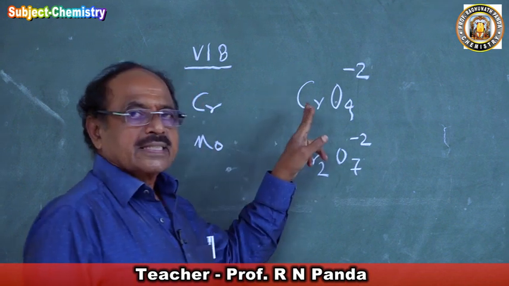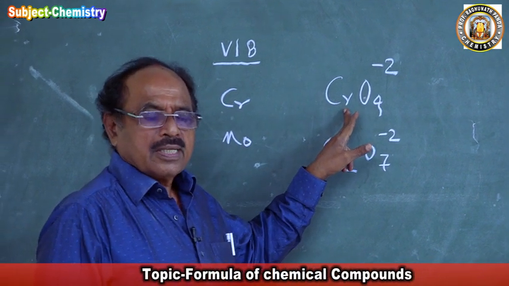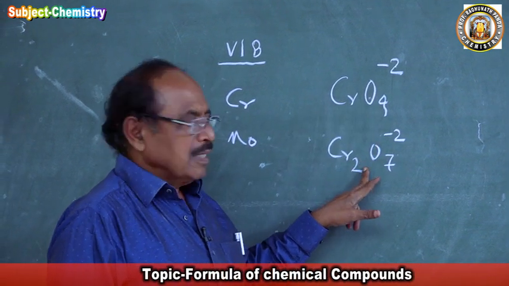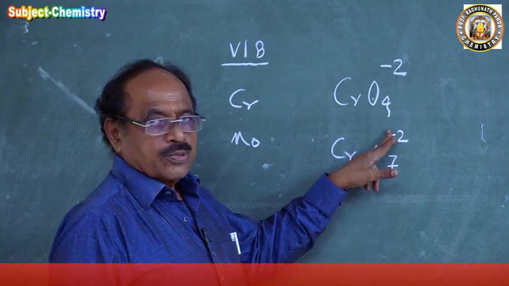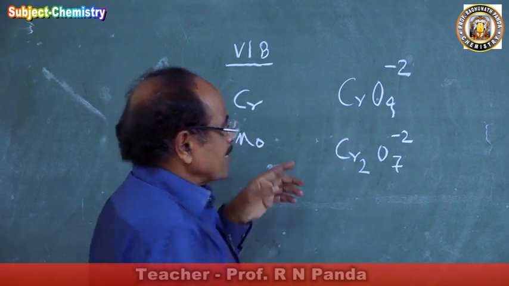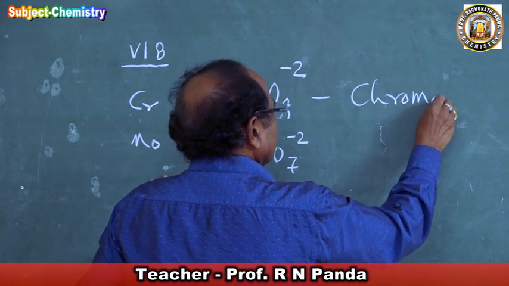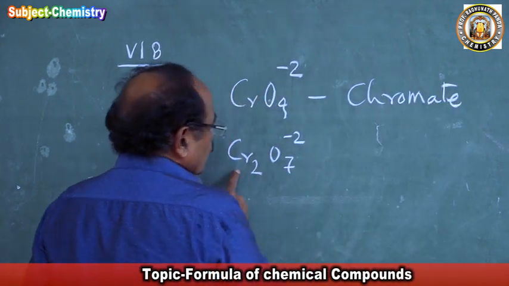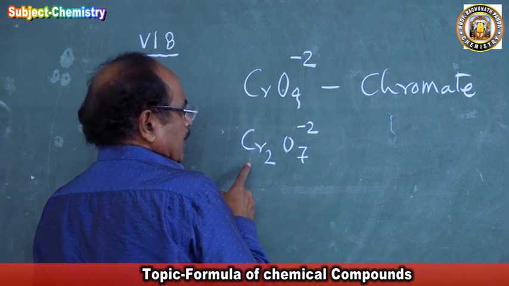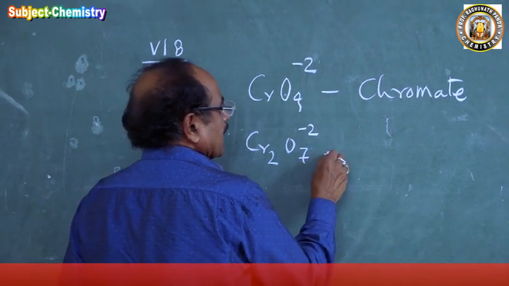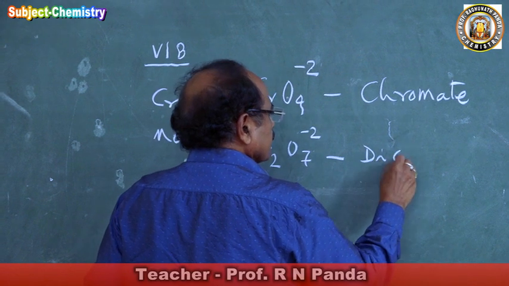CrO4 minus 2 is called chromate, and since there are two chromium atoms in Cr2O7 minus 2, it is called dichromate.